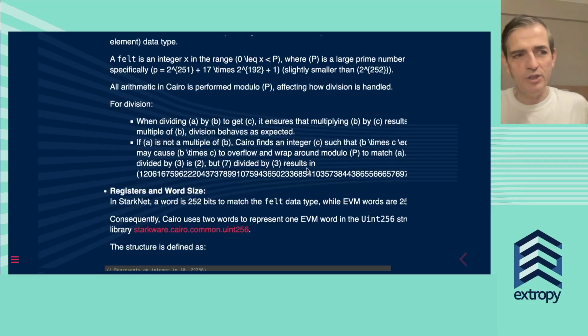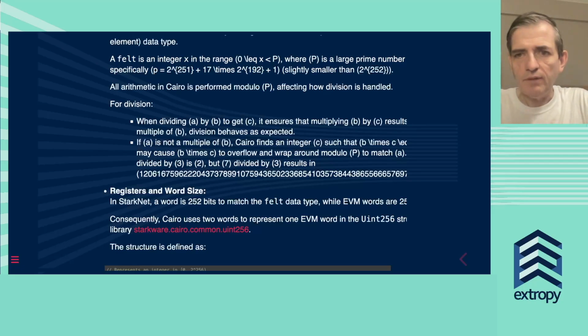So you do need to be careful about division. And often what we do, rather than doing a division directly, we may provide a value that we know is the result of that division, and then we check that in our Cairo program by doing a multiplication, and then that becomes something that is provable.